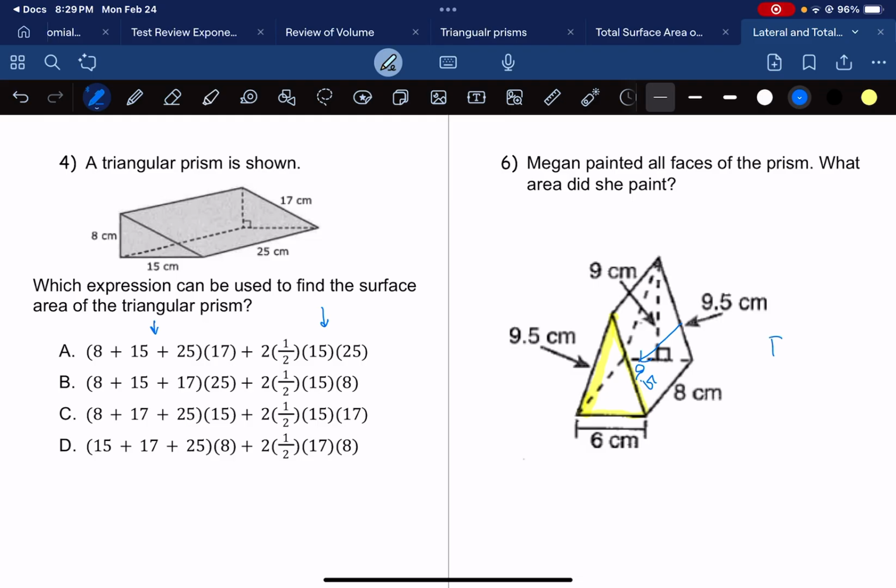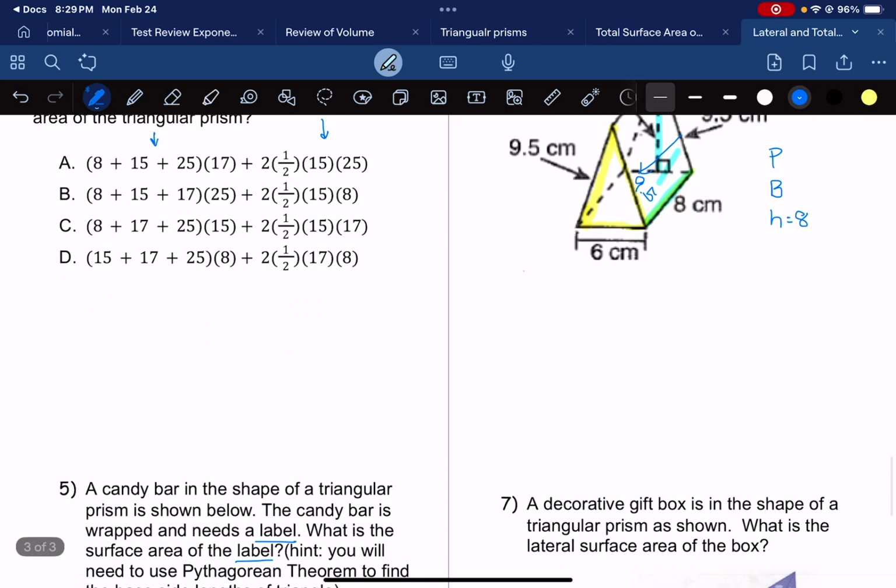So I'm going to need the perimeter, the area of the base, and the height of the prism. The height of the prism is the distance between the two bases. So that would be, sorry about the color change, that would be here. And then I will need the height of my prism. But not for the height of this one, this one is the one that is 8.